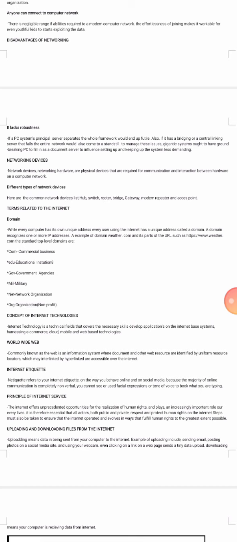An example of a domain is part of the URL such as www.weather.com. The standard top-level domains are com, commercial business; edu, educational institution; gov, government agencies; mil, military; net, network organization; org, non-profit.